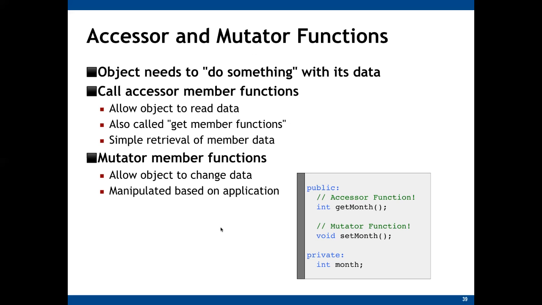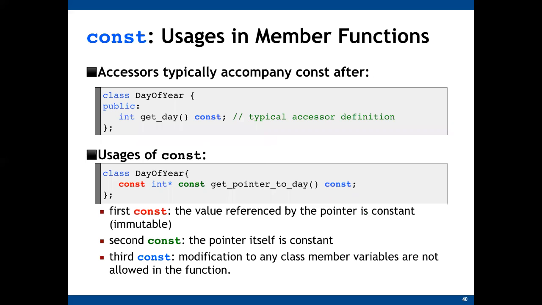And let's talk about const. We learned constant variables in week 2. We learned that a const variable can be initialized only once and its value cannot be changed. We can also make member functions const. So like this.